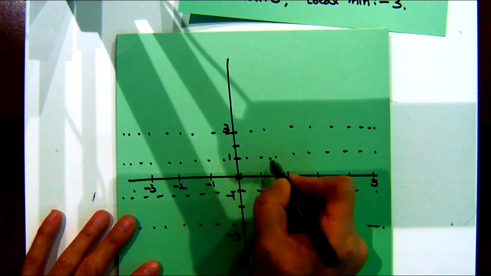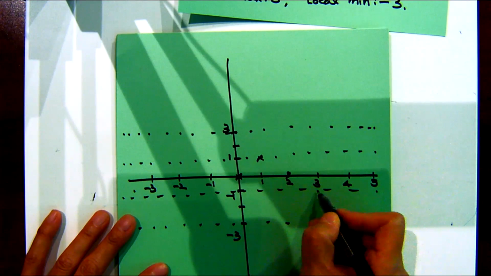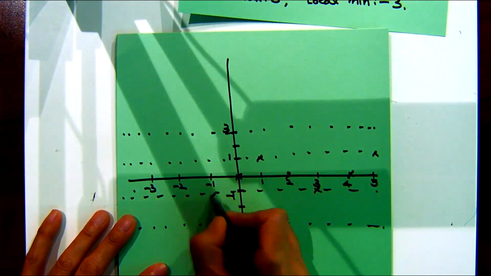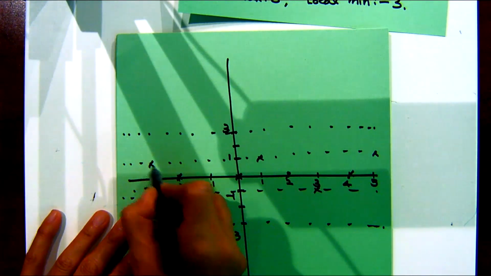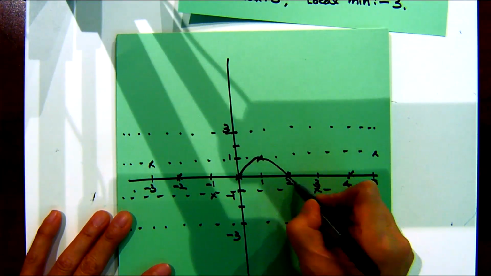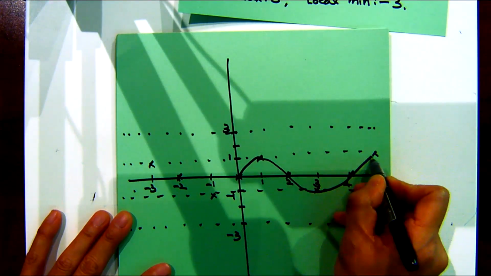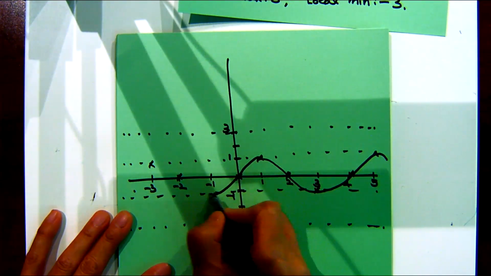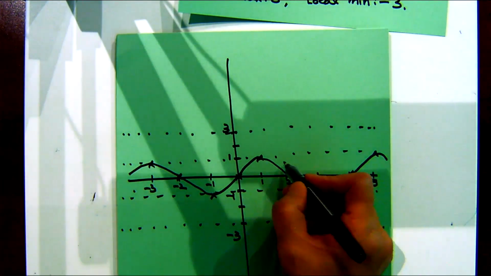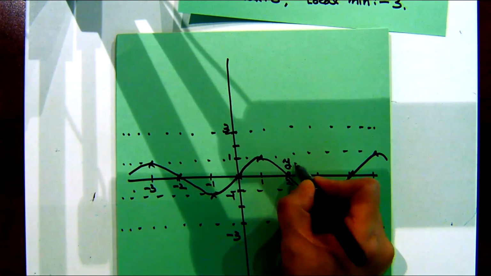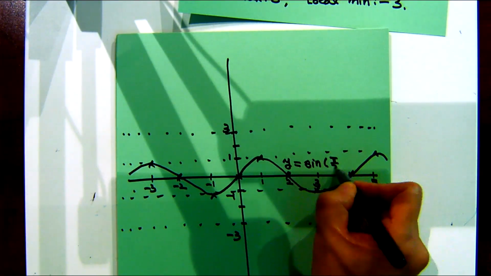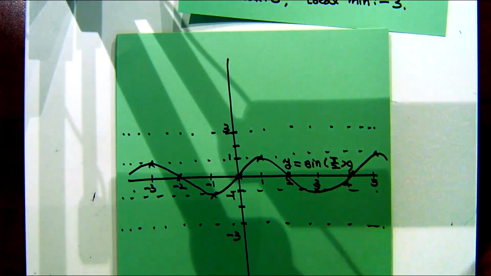We start at the origin and then we draw the obvious wave pattern like this. And then we completed the graph of y equals sine of pi over 2x.